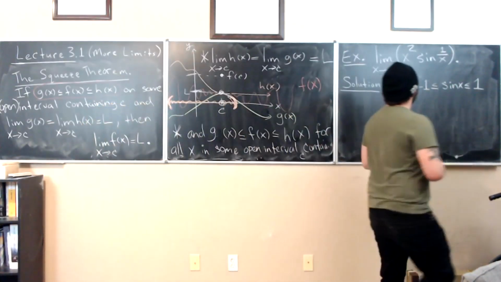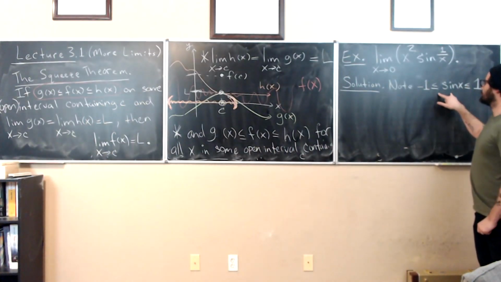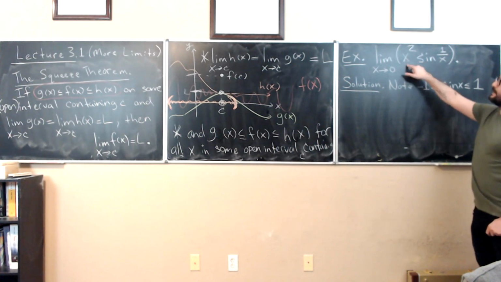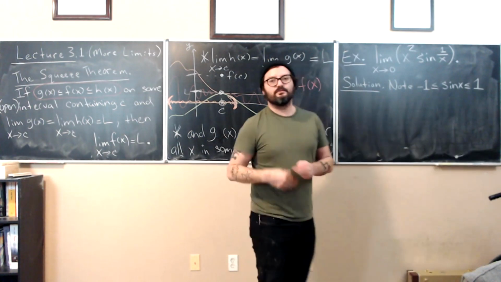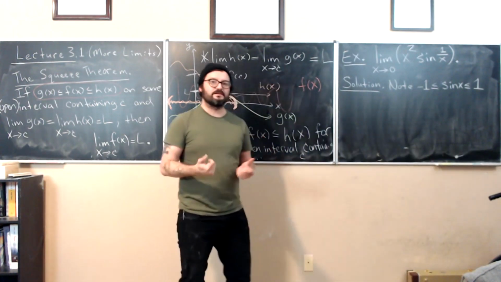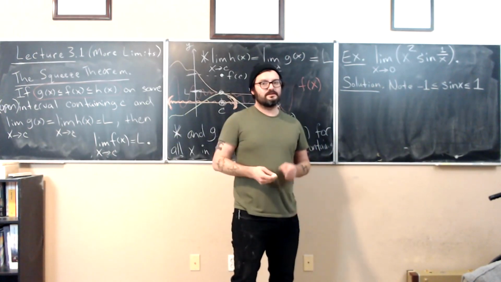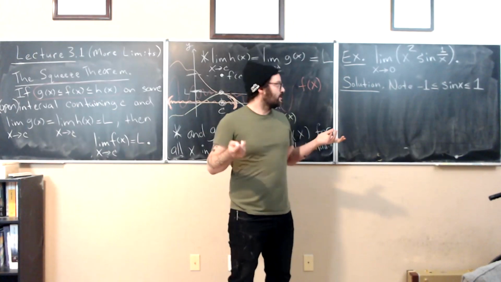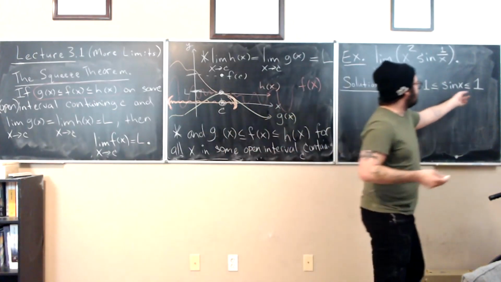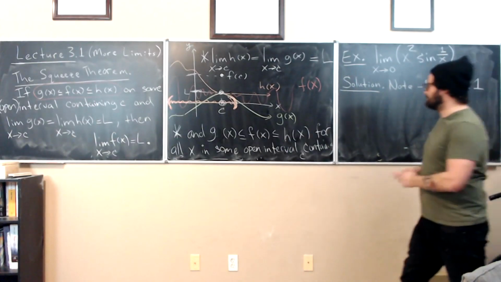To do that, I can multiply both sides of this inequality by x squared. The inequality is not going to change because when we multiply inequalities by a positive number, which x squared is, the direction of the inequality does not change. So let me just multiply all sides of this inequality by that term and see what happens.